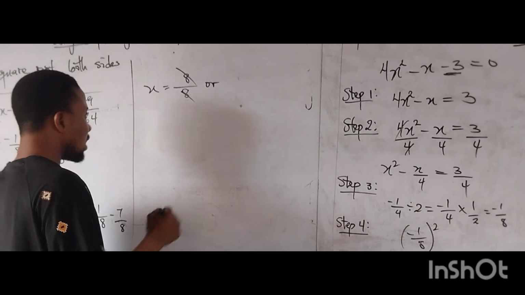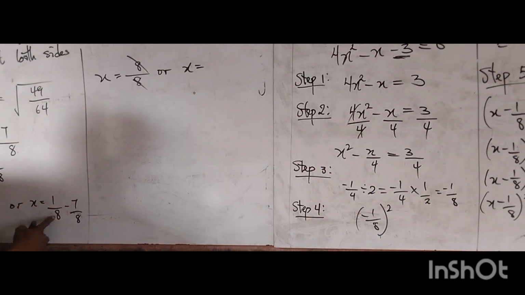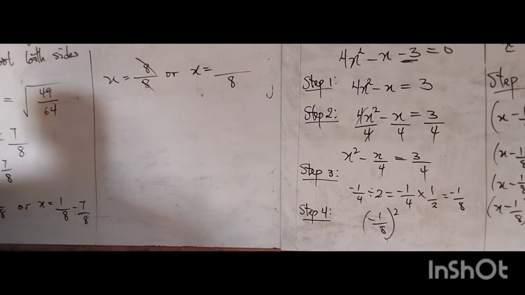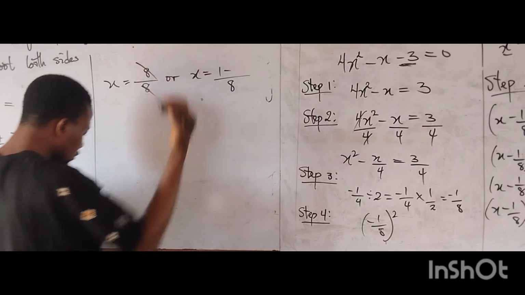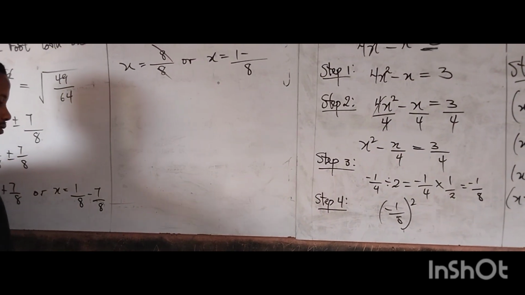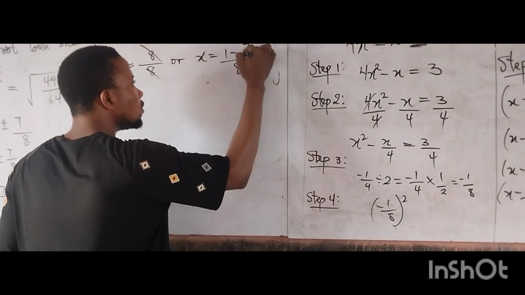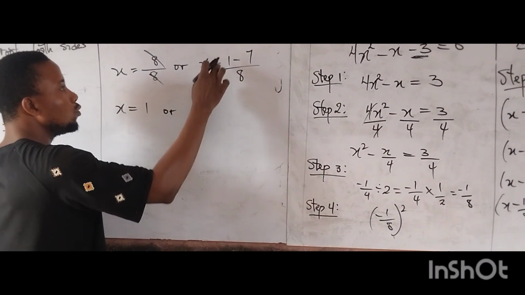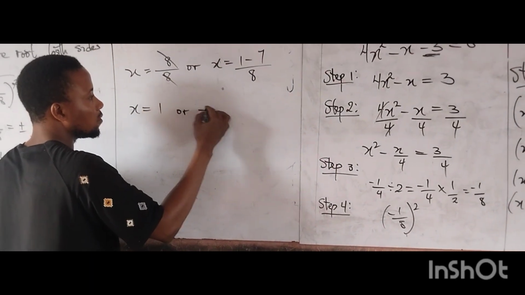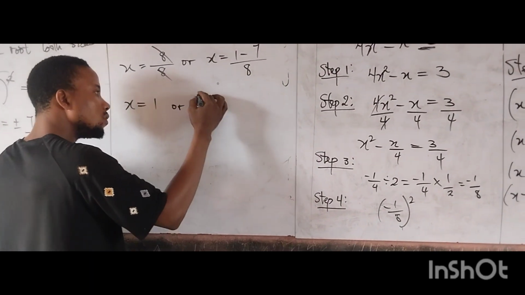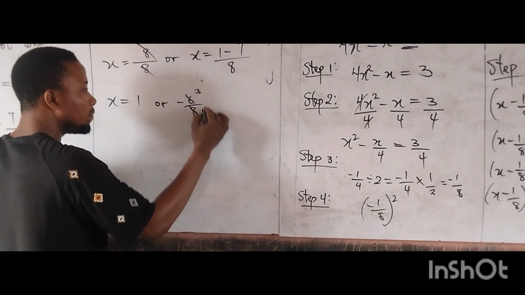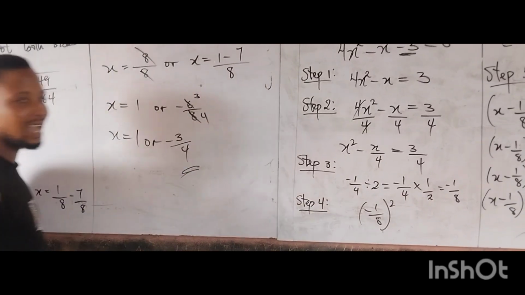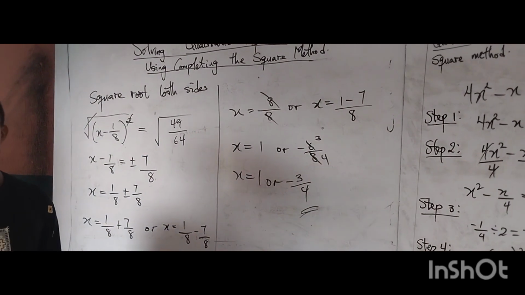Or x is equal to, the LCM also is 8. 1 divided by 8 is 1, 1 times 1 is 1, minus 8 divided by 8 is 1, 1 times 7 is 7. So we have x equal to 1 from the first one, and this one will give you this minus this, that's minus 6 over 8. Divide by 2 here, 3, and 2 here, 4. So x is equal to 1 or minus 3 over 4. That is the answer for this question.